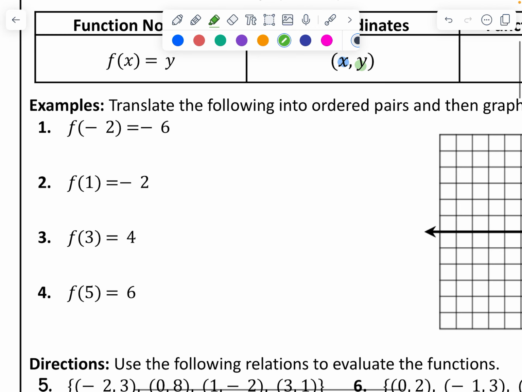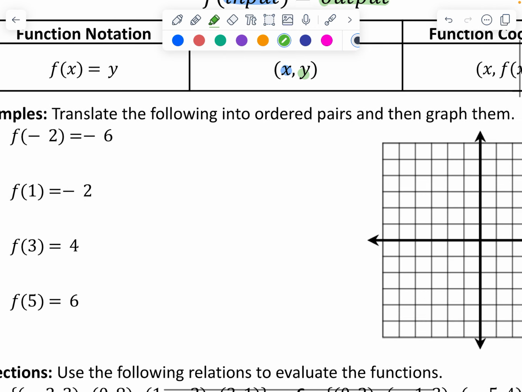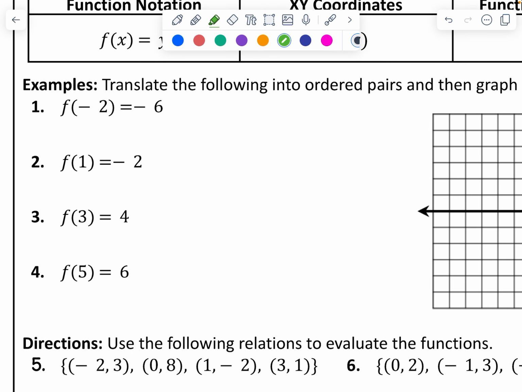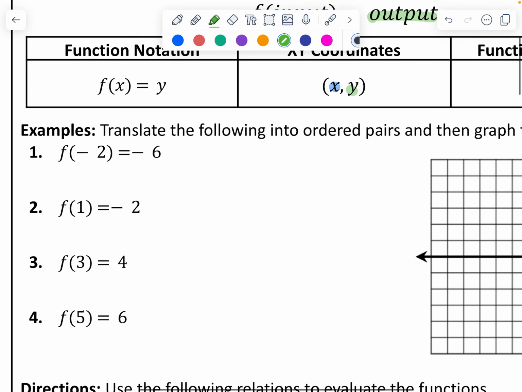So looking at example number 1, we're going to translate this into an ordered pair and then graph it. So this states that f of negative 2 equals negative 6. So this is our x, and the output is y. As an ordered pair, you would write negative 2, negative 6.